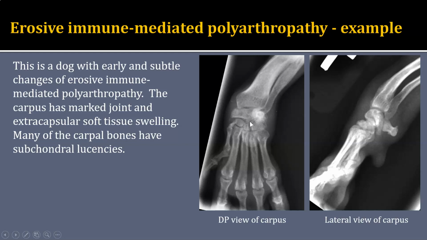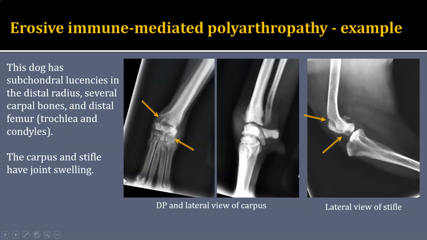If we look closely, we can see that there are some early subtle lesions of subchondral lucencies, especially in this intermedioradial carpal bone, but also I think in the ulnar carpal bone and some of the distal row of carpal bones. And so these, again, are early onset radiographic findings in the erosive immune-mediated polyarthropathy.